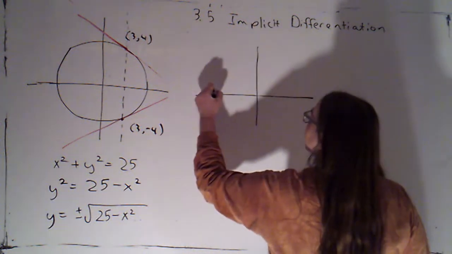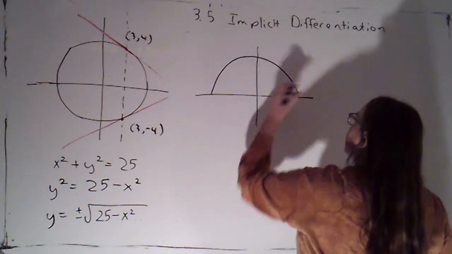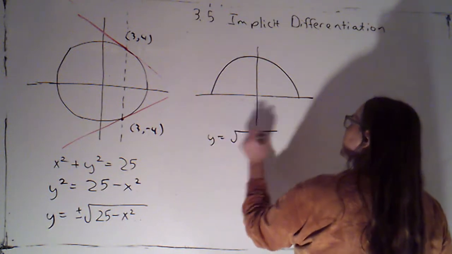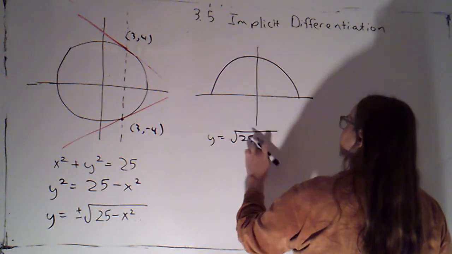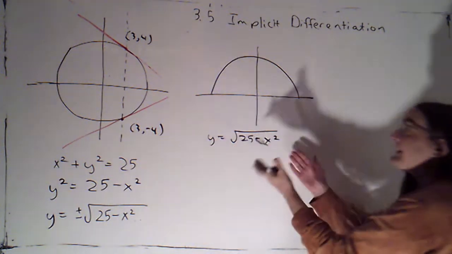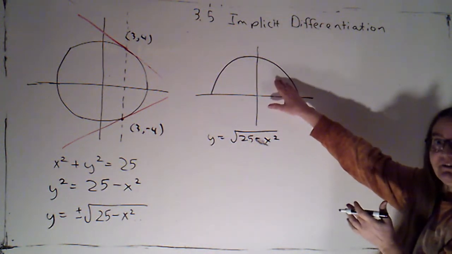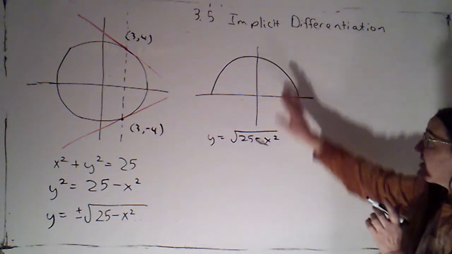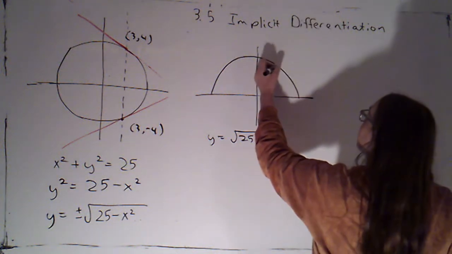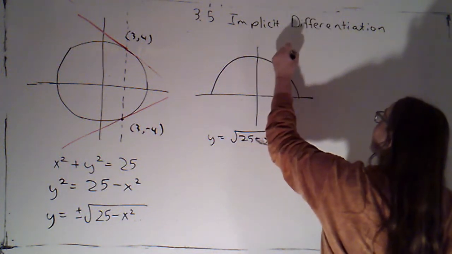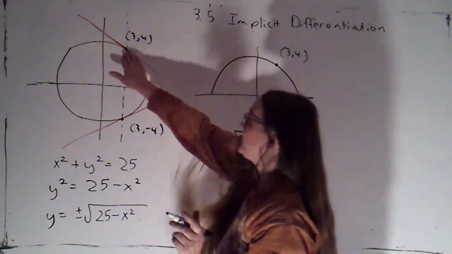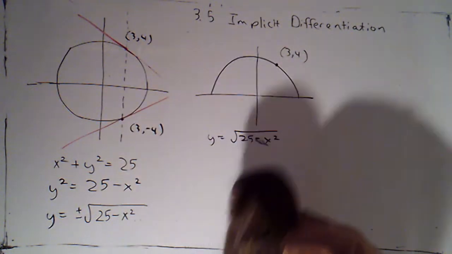If I look at y equals the positive square root of 25 minus x squared, that is a function, and its graph is just the very top half of this circle. I could use this function to find the slope of the tangent line that passes through the point (3, 4).